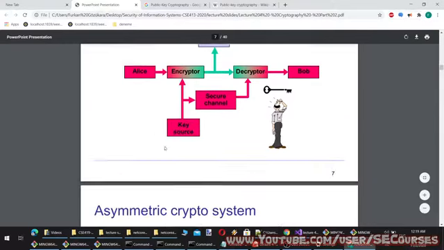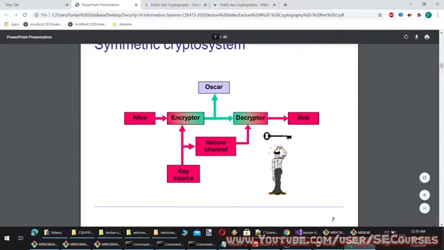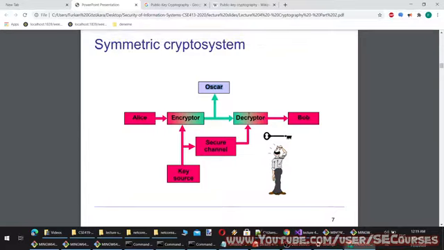So this is the symmetric crypto system. You see there is a single secure channel and single key, and without having the key Oscar cannot decrypt the message and read its content or change the message.